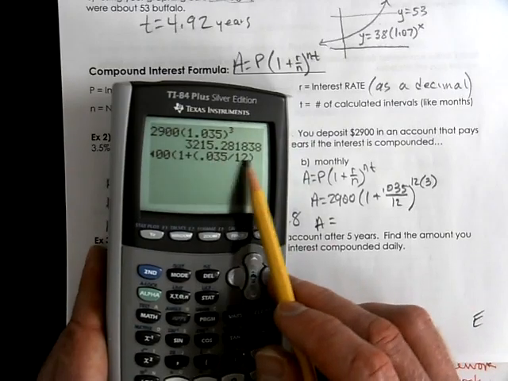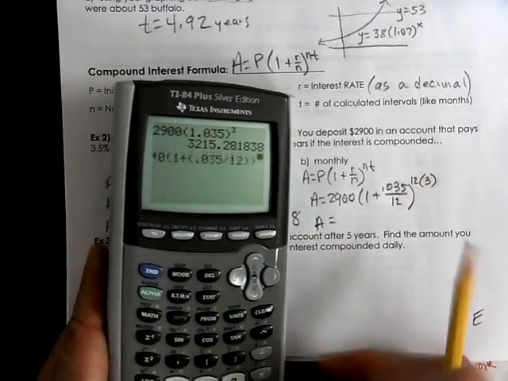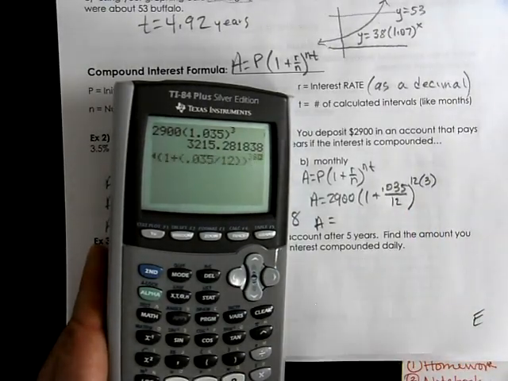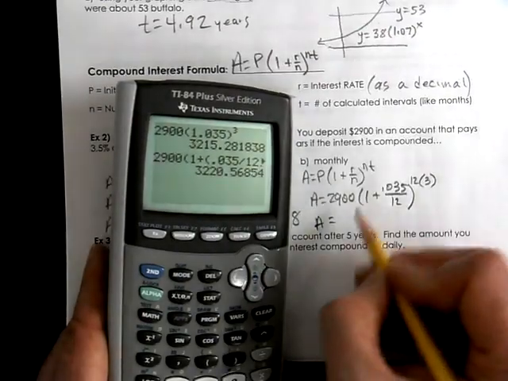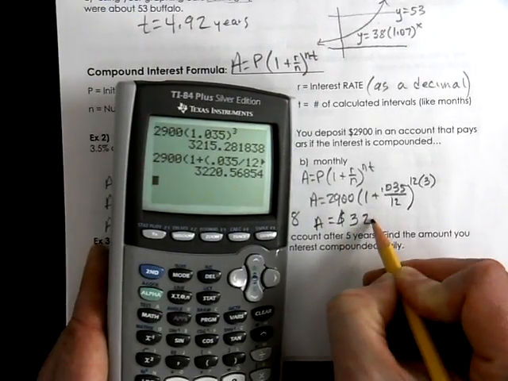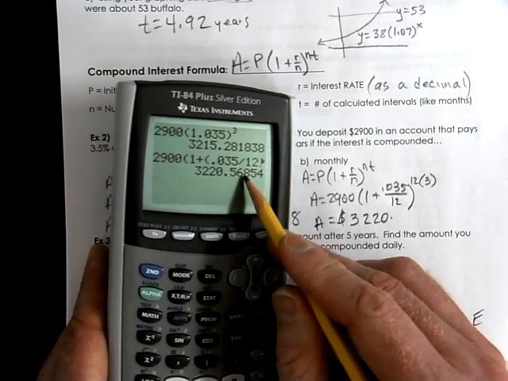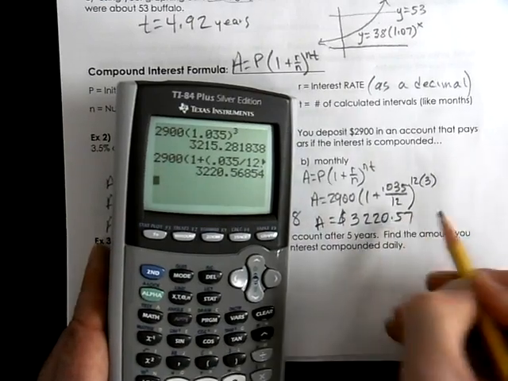Okay, there's my fraction. Close off my parenthesis, that's going to be raised to the 12 times 3. You can just type in 36 or call it 12 times 3. And that'll give you $3,220.57, because that would round up, 57 cents.